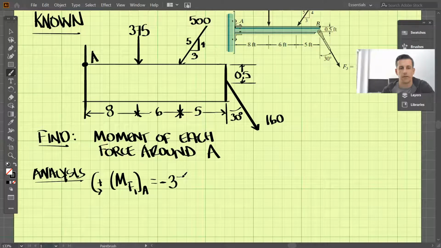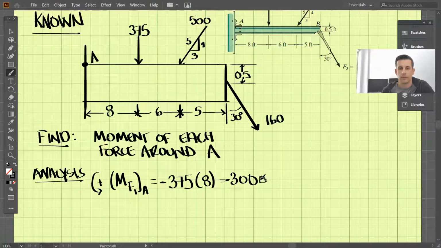So that's 375 times the perpendicular distance away, which is 8. And that comes out to 3,000. Let's put a negative there. Don't forget the negative: negative 3,000 pound feet.